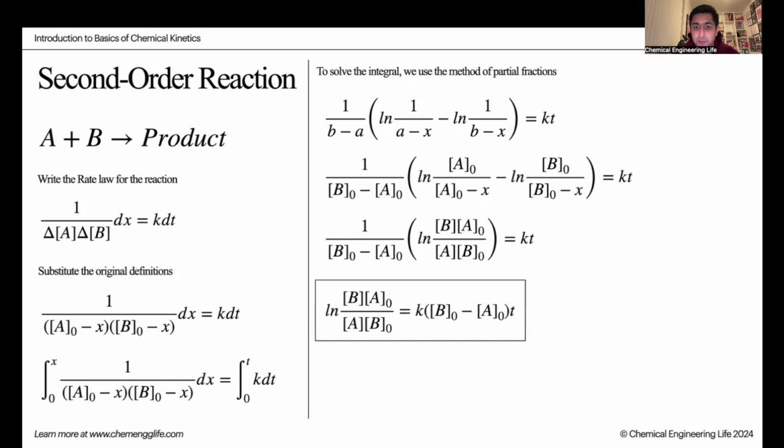And then if you simplify or rearrange the expression, we end up with the natural logarithm of the fraction on the left-hand side, and on the right-hand side, k times the difference between the concentration of B minus A, times t. And that is the rate expression for a second order reaction.